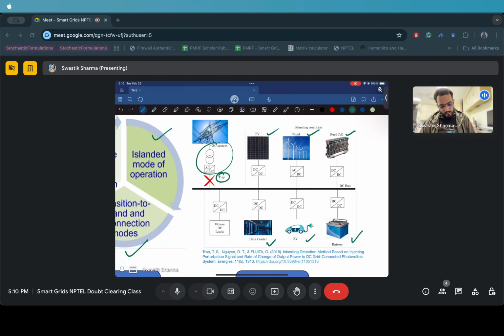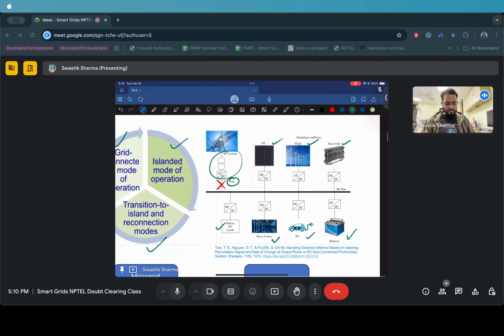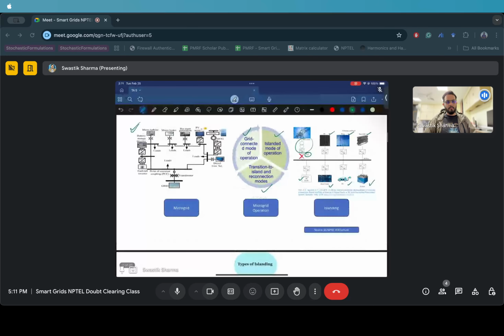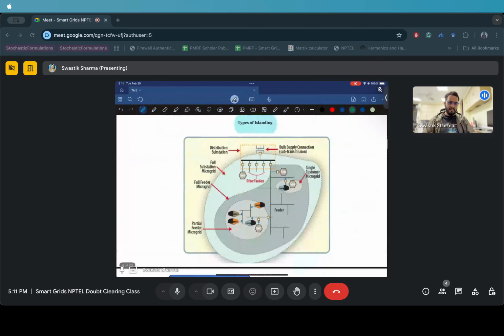So the localized generation that we have from PV, wind, fuel cell, and even battery, can be used to sustain the loads that are present, such as the data center, the EV, and any other loads present at the microgrid, right? So this is what I mean by islanding, that when the main grid is no longer available to power the loads inside the microgrid, right? So this is what islanding is, and there are different types of islanding too.